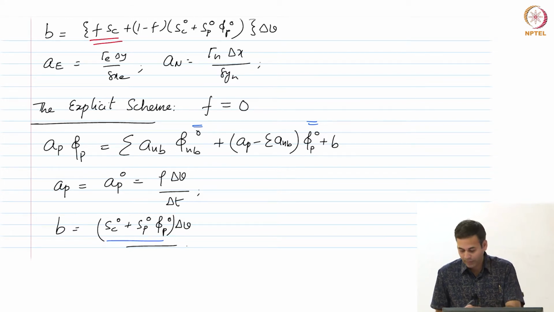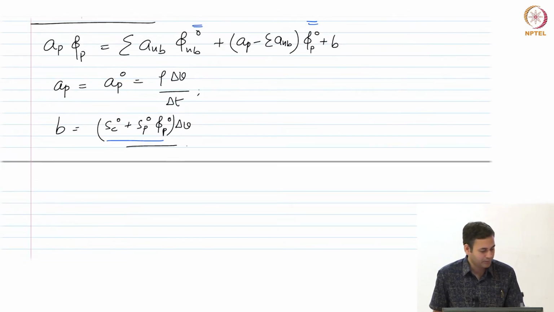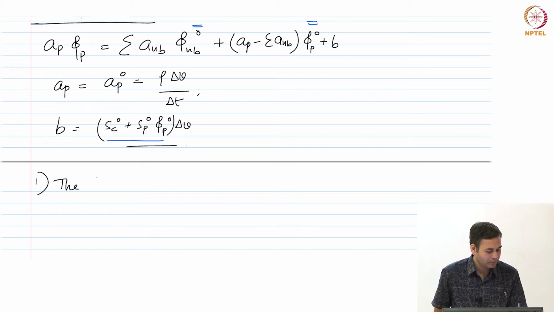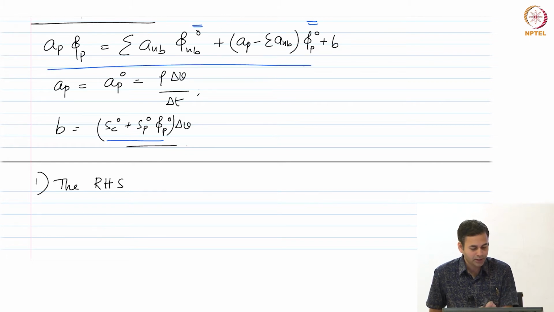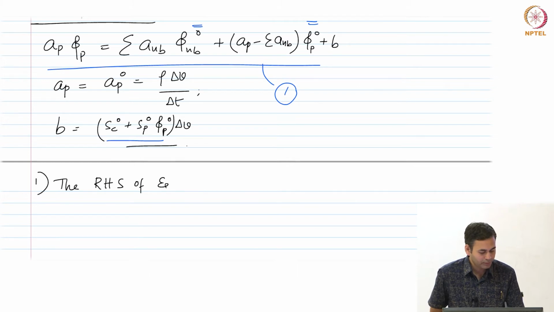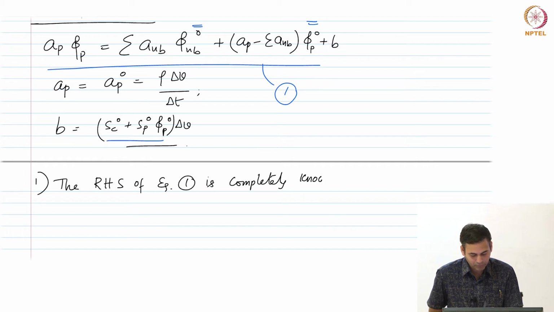So, that means if you were to make some comments, first comment is the right hand side of, let us call this equation 1, is completely known, right.